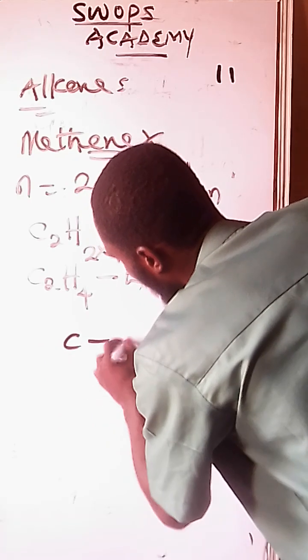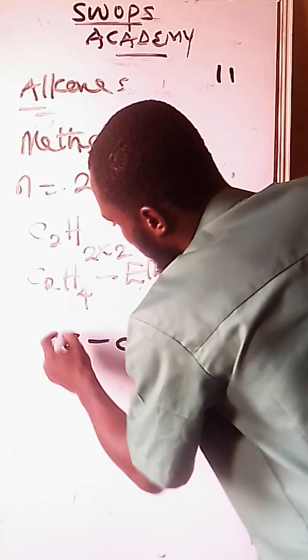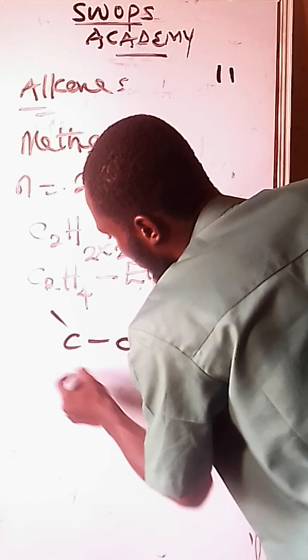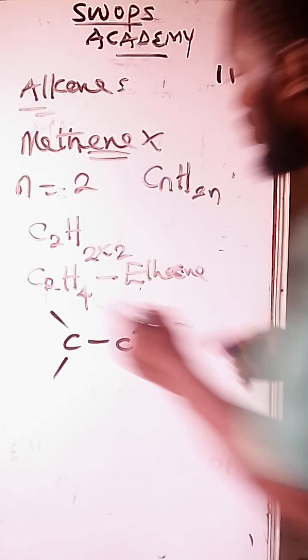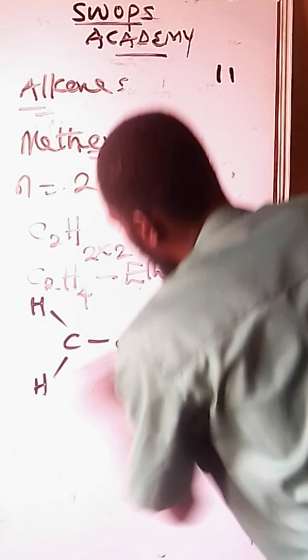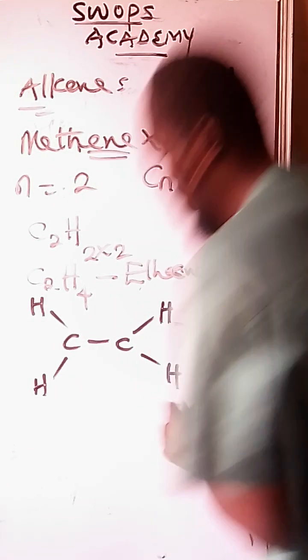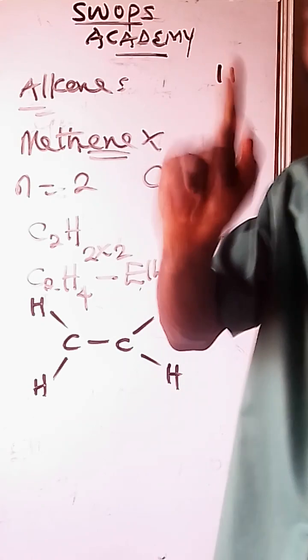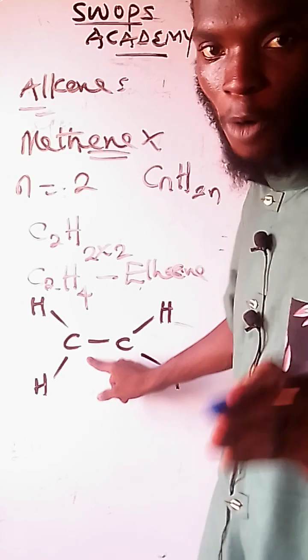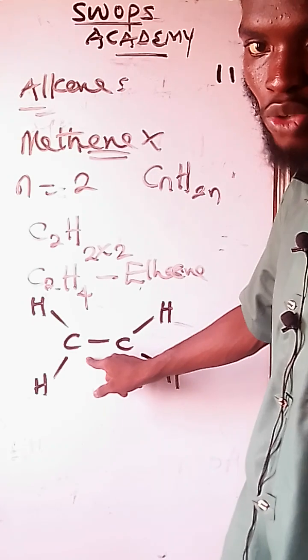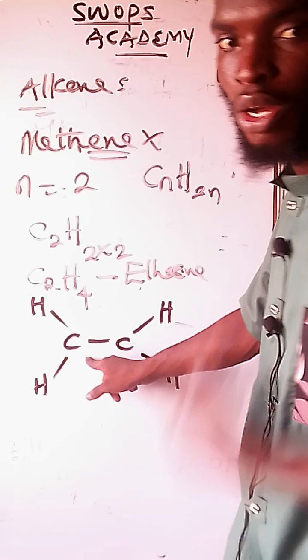C, 2C. Then how many hydrogen? 4. You will bend the stick. 1, 2, 3, 4. Know that for 1 carbon to be a carbon, there must be how many hydrogen attached to it? 4. Now check, is this balanced structurally based on the rules of organic chemistry?